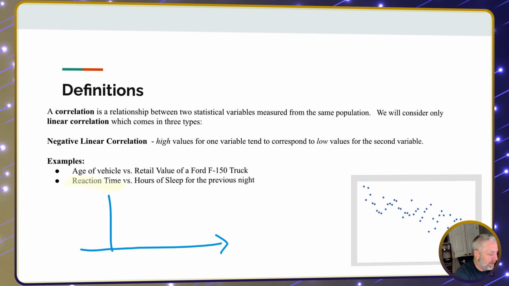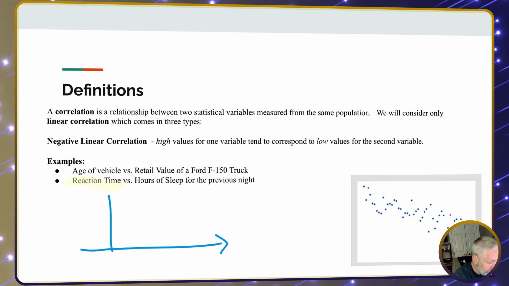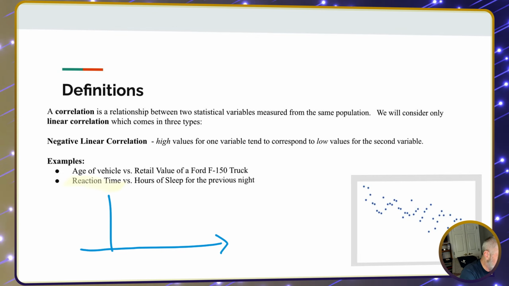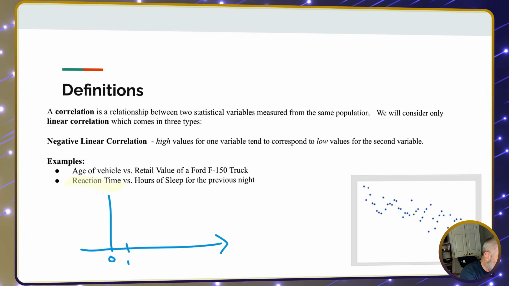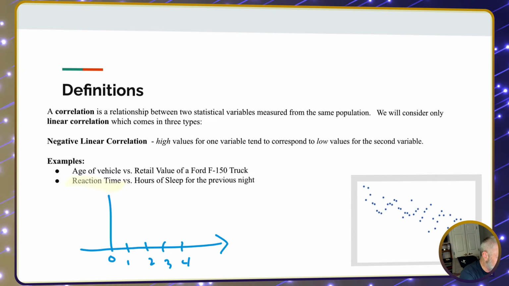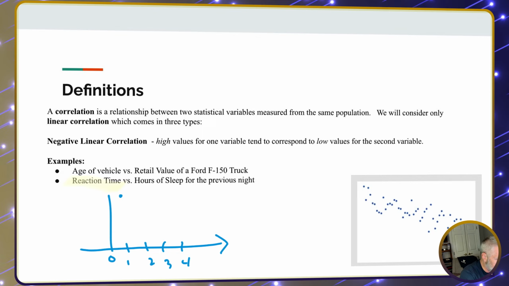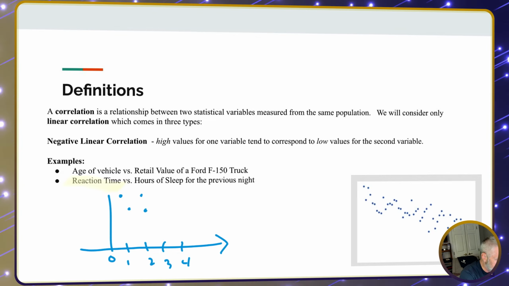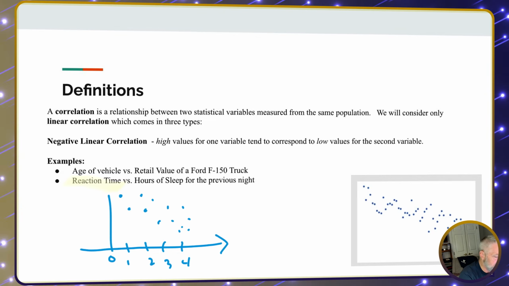Your reaction time is going to take longer given that you've had fewer hours of sleep. If you've got 0, 1 hour of sleep, 2 hours of sleep, 3, and so on, the fewer hours of sleep, the longer it's going to take you to react. That is a good example.